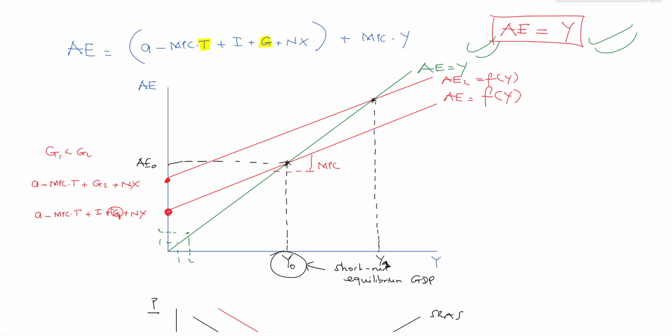So let's assume that this increase in government spending that we talked about from G1 to G2, let's say, for the sake of example, that the government decided to increase the spending by $100. So we know for a fact that this shift up here is a shift by 100, plus 100. That is something that we know. Now the thing is, the resulting impact on GDP is not going to be 100.